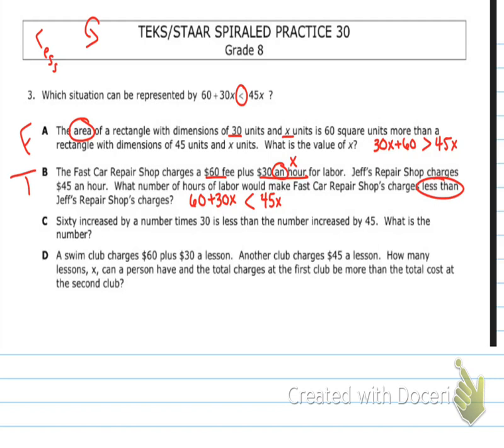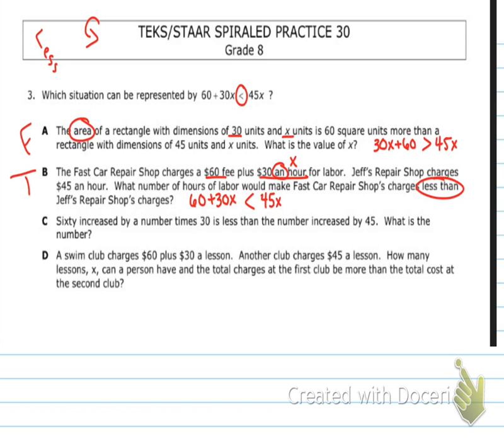All right, so C, it says 60 increased by a number times 30. This is where I struggle because I wonder if it's worded right. 60 increased by a number times 30.